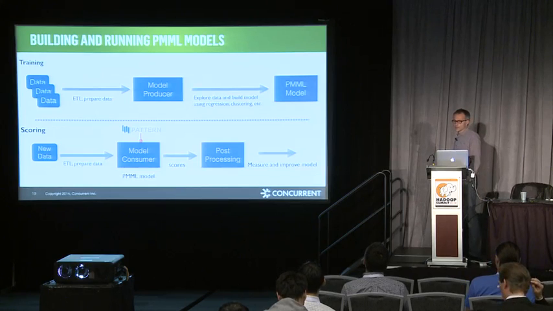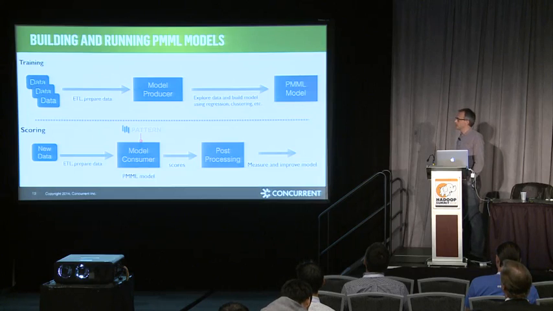And once you have that PMML model, you can do the scoring part. In that case, you get new data that you want to score based on your model. So again, you just have to prepare that data, and then you'll have a model consumer that, based on the PMML model, will execute the correct algorithm and score the new data.